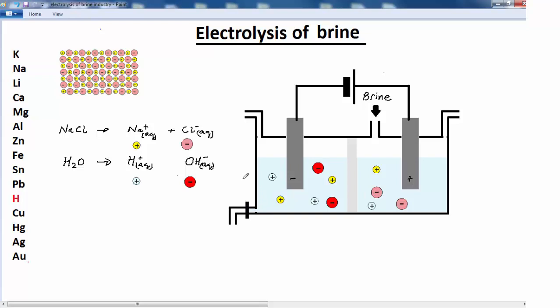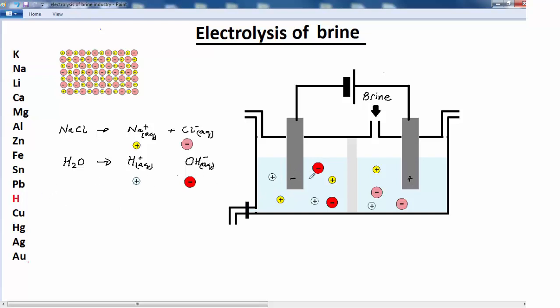So we need to apply the anode and cathode rules to decide which is going to be reduced at each electrode. First of all, let's look at the cathode. We remember that it is the ion of the element that is less reactive that will be reduced at the cathode.